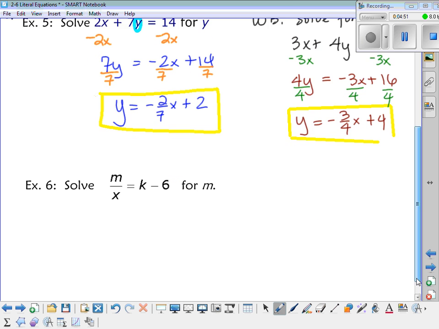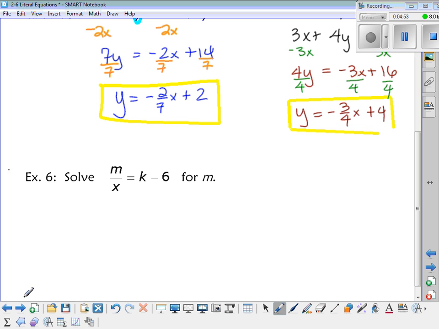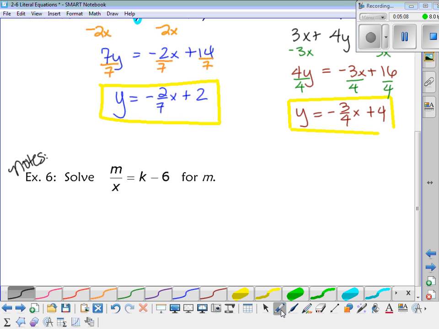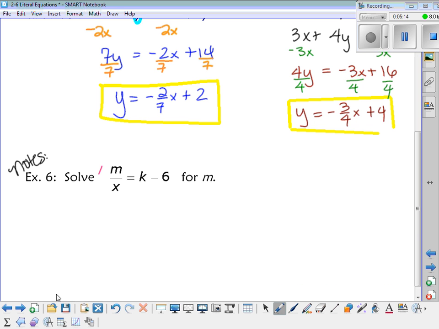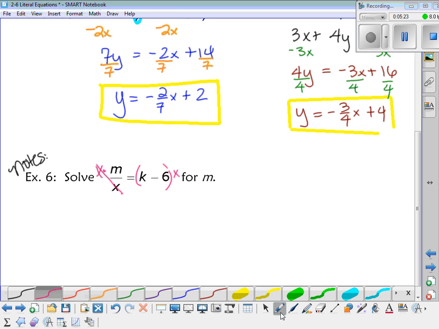Okay, I have another example for your notes. We've got m over x equals k minus 6, and we're going to solve for m. So m is being divided by x, and the opposite of division is multiplication. So if I multiply both sides by x, then my x's are going to cancel out, and the m is going to be left alone.